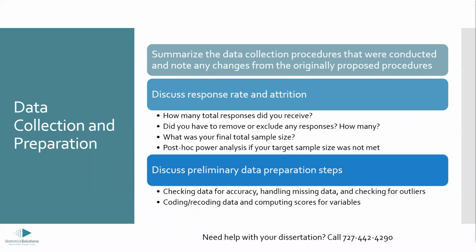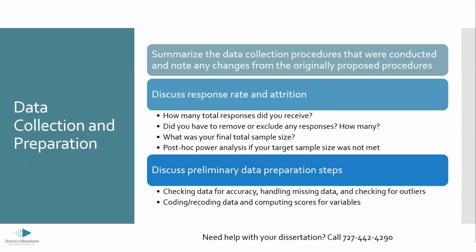And if your final total sample size did not meet the target sample size that you set out in your proposal, which typically you would determine using a power analysis, then you may want to, or you may be required to, conduct a post hoc power analysis to report the statistical power of your test with the sample that you obtained. Some schools may not require this, but some schools do. Again, it depends on your specific school's requirements.